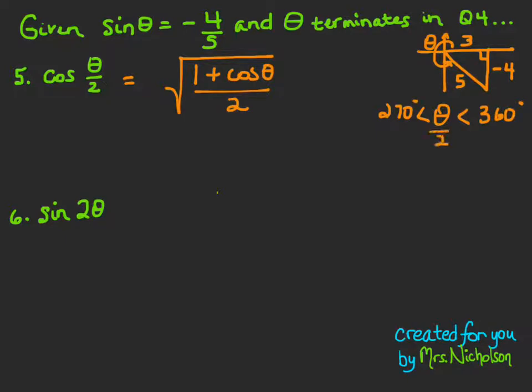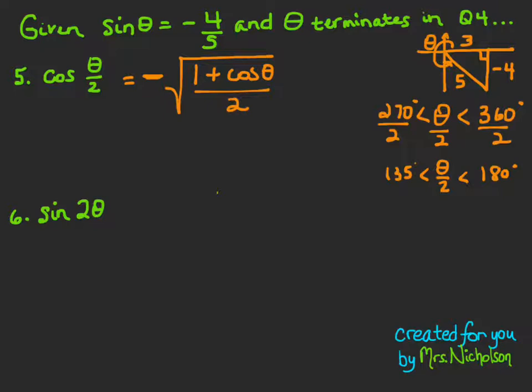So if I divide theta by 2, I've got to divide everything by 2. And that means that theta over 2 is going to be between 135 and 180, which puts us in quadrant 2. And if we're in quadrant 2, cosine, which is the x-coordinate, is negative. And so I know here that my answer is going to have to be negative.